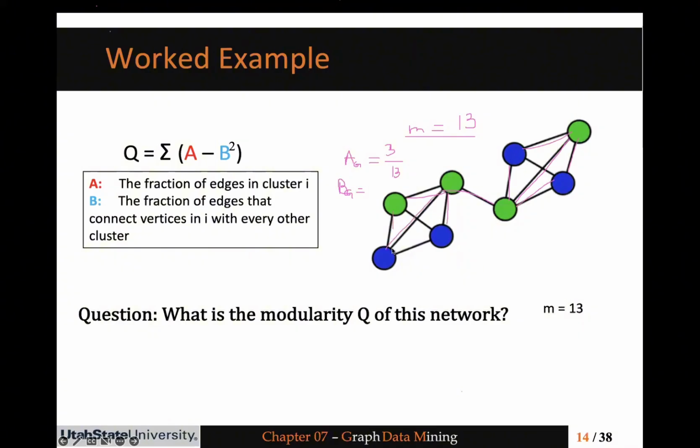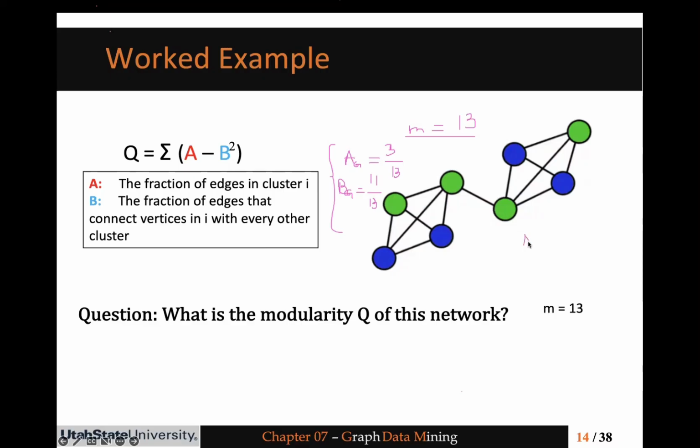This edge here, and another edge over here. So if you do the math here, it looks like we're missing only two edges, which are between the blues here. So it should be around 11 edges, right? So 11 edges are connecting the green to the external communities, including the internal edges here, right? So B green is in fact 11 over 13. All right, so let's get rid of the edges highlighted here, and do the same thing now for the blue community, right?